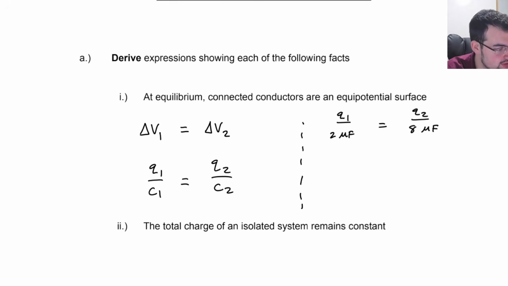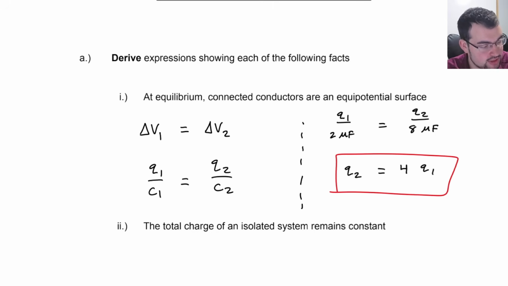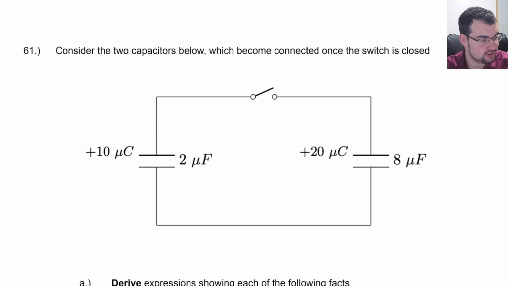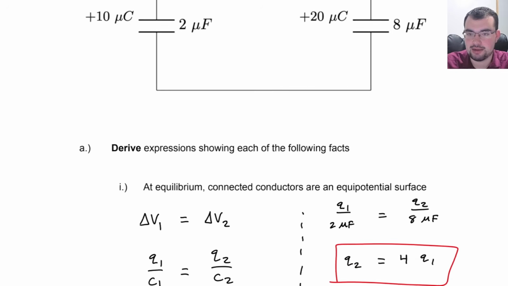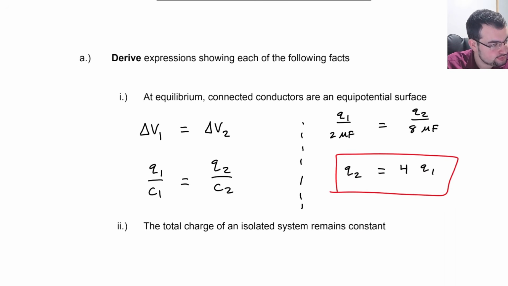So multiplying both sides by 8, this tells me that Q2 is equal to 4 times Q1. Which makes sense, because if we have the same potential difference, but this capacitor has 4 times the capacitance, then I must have to put 4 times the amount of charge on that capacitor's plates to get the same potential difference, because it is 4 times as efficient.